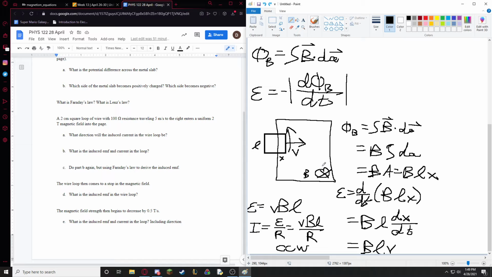Counterclockwise. That's the direction of our induced current. It's going to go opposite of the change in flux, because our induced magnetic field from the current is going to go out of the page to counteract the change in flux.